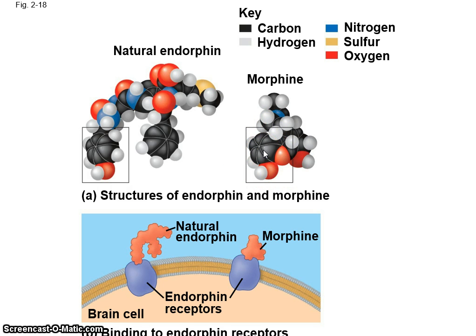When morphine, a drug, is introduced into the body, the same exact thing happens. It interacts with this receptor, sending off that same exact chain reaction of events. So morphine has the same physiological response or result as natural endorphins. So molecular shape has a lot to do with the effect and how these molecules interact with each other.